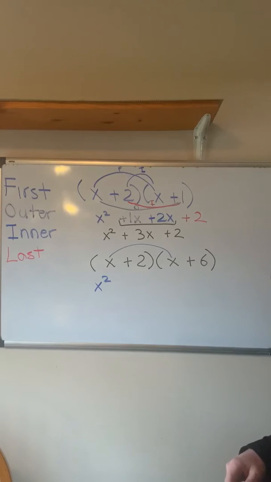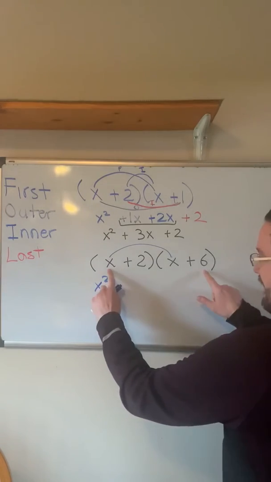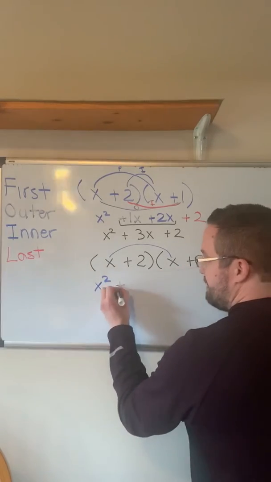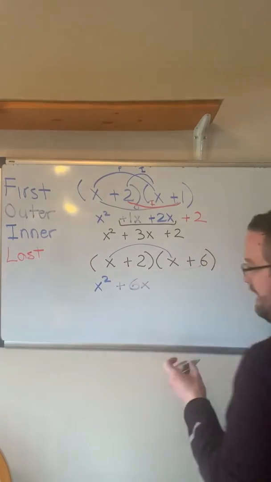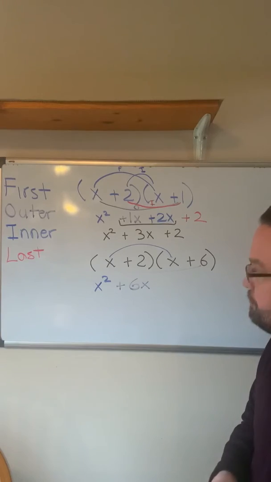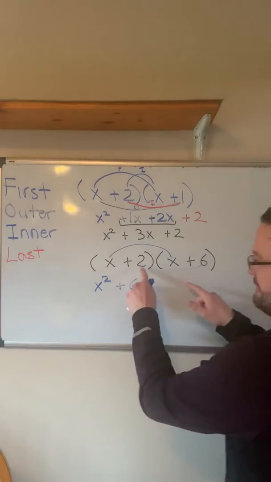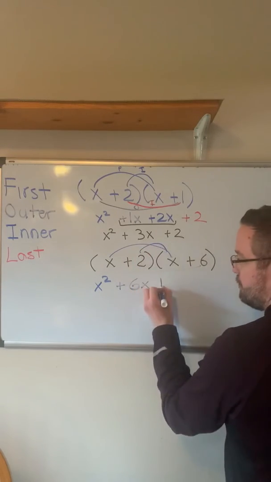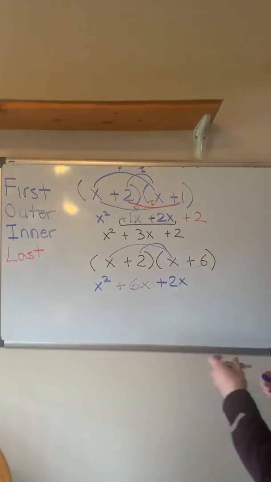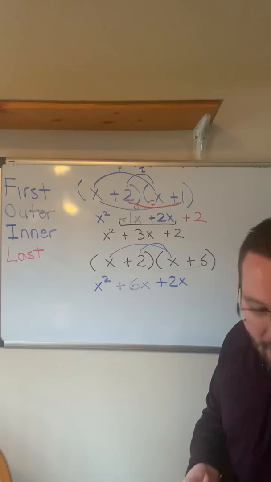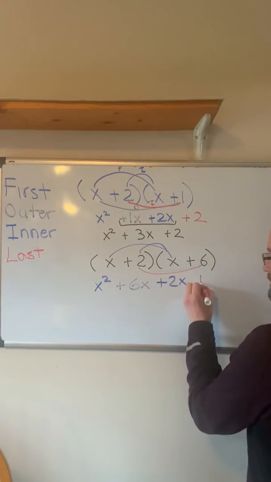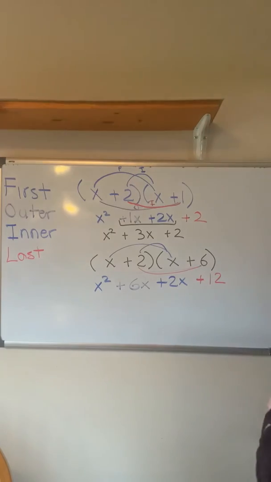My outside terms are x and 6. So I say x times 6 is going to give me 6x. My two inside terms are 2 times x. So that's going to give me 2x. And then my last terms are 2 times 6, which is 12.